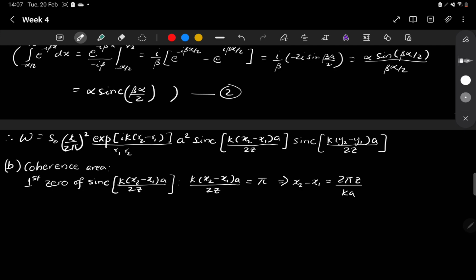Similarly, the first zero of sinc for the y coordinate will occur again when the argument is pi.